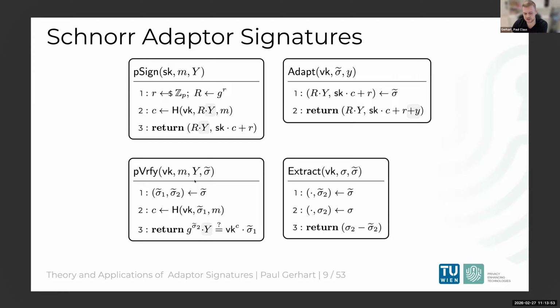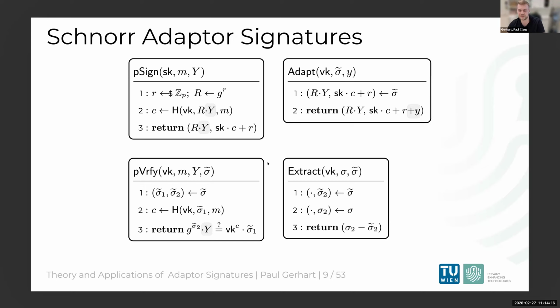Okay, pre-verification is pretty much like verification for Schnorr. You simply verify the public equation. Okay, we added Y to the R, so we also have to add Y here. But you see, this is not a valid Schnorr signature yet. Without multiplying this Y, like how we would do a Schnorr verification, it won't be a valid signature.